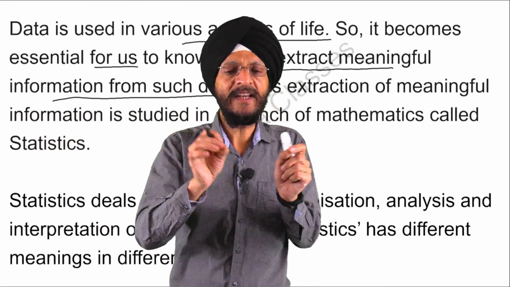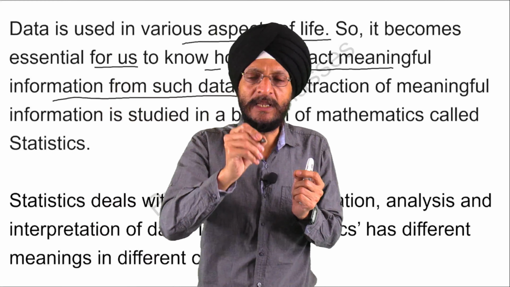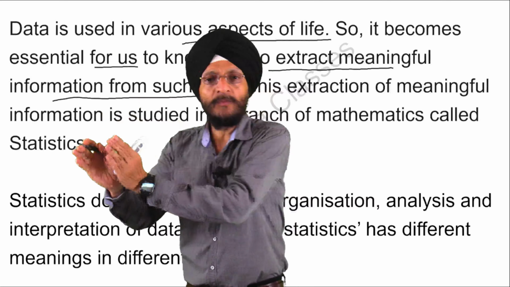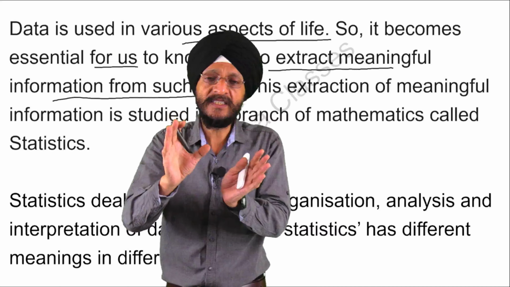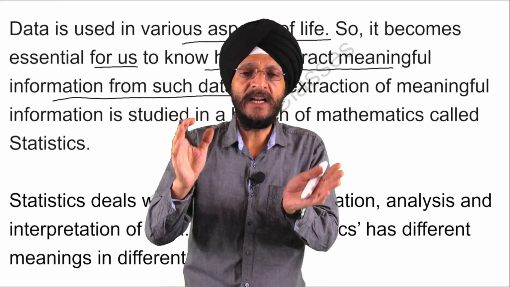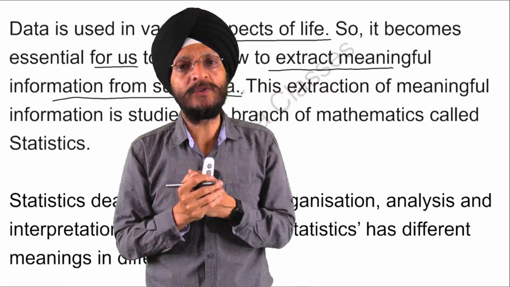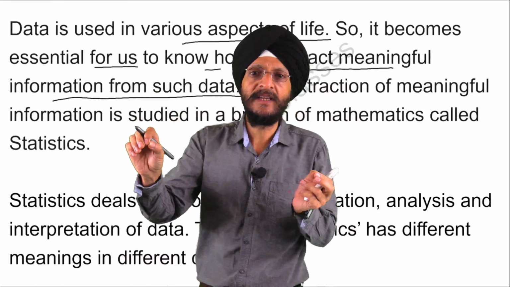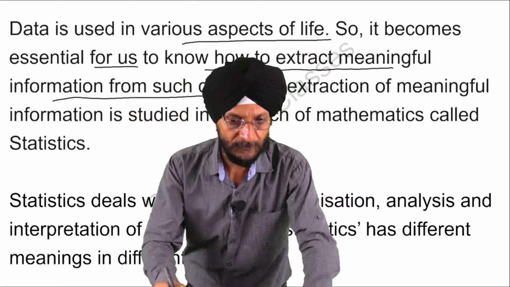But if we say that such number of students have got less than 40% marks, and such number of students have got more than 70% of marks, this is the presentation of data. That is, we can arrive at some conclusion. If we write simply the information, there is no purpose.